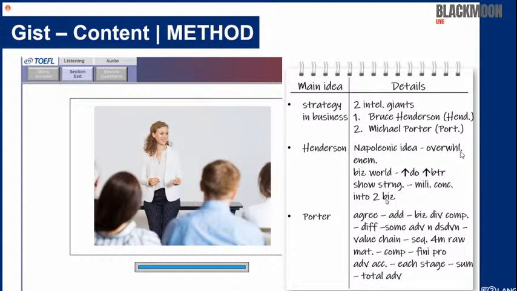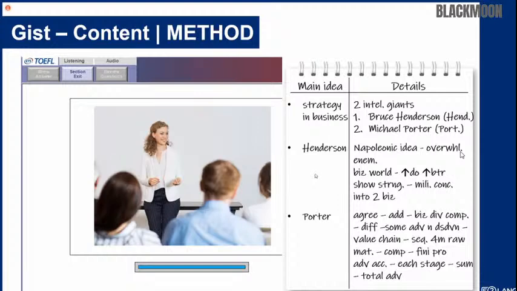So I'll fill up my details column first, but I know I probably don't know what the heading would be, but I know what the entire passage is going to be about. So sometimes after I've listened to the lecture, then I'll fill in the main idea column, because then I'll know what those details are all about. So this is usually how I like to take notes.